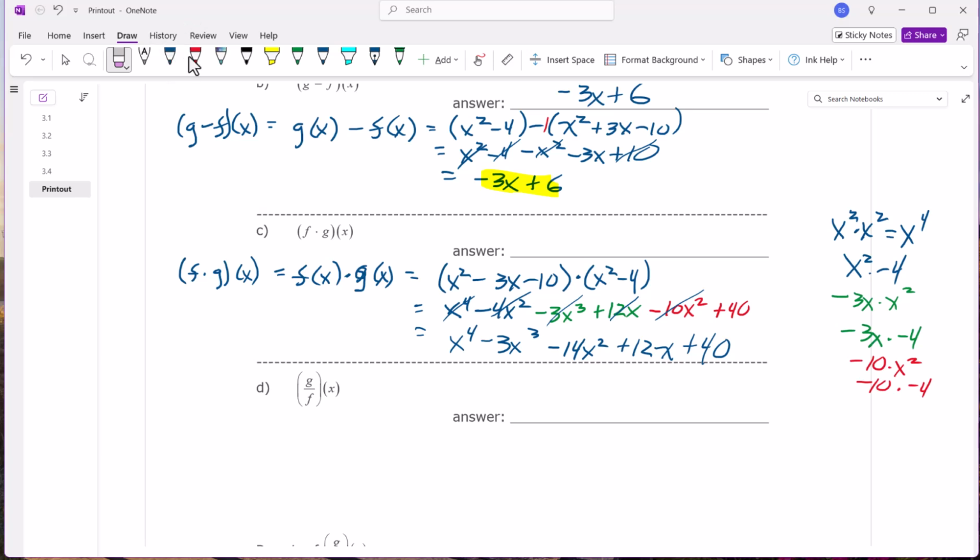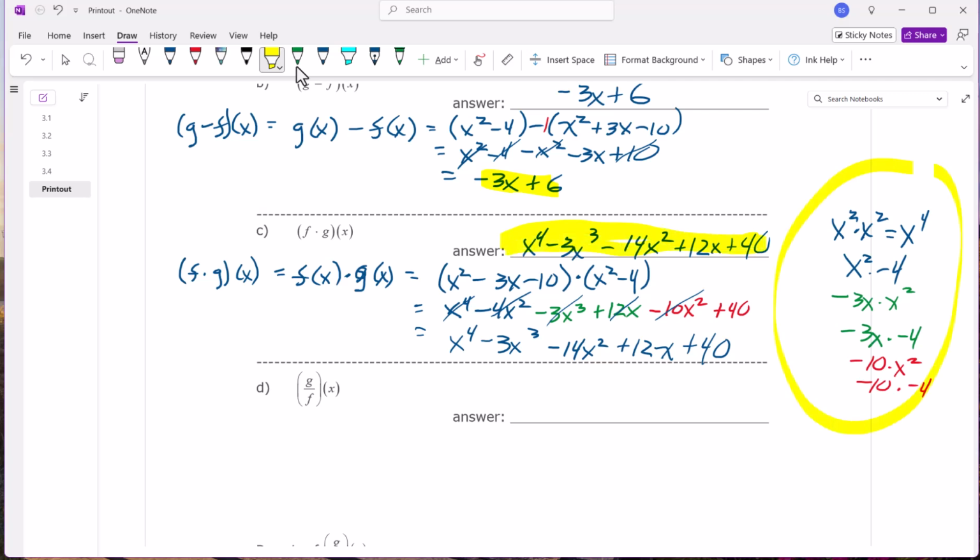So that's mostly an exercise in multiplying. So x to the fourth plus 3x to the third minus 14x squared minus 12x plus 40. Okay, sometimes it does help students if they write down kind of what I did over here at the side. That can be pretty helpful. Okay, I'm going to just erase that.